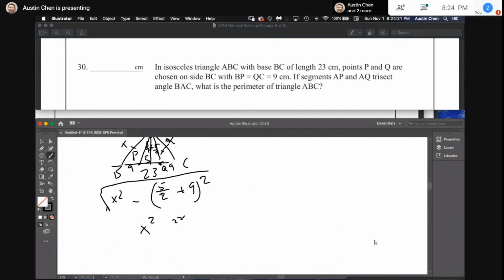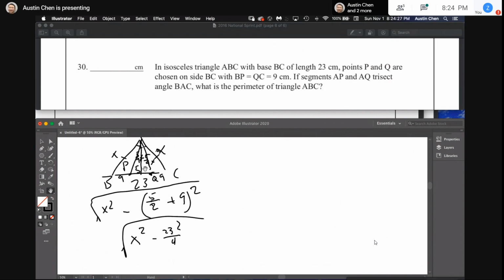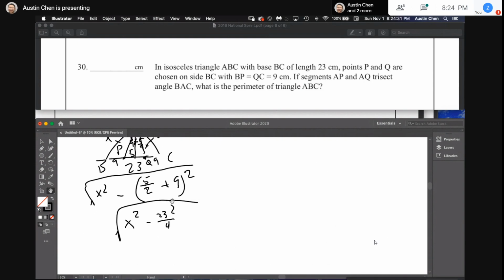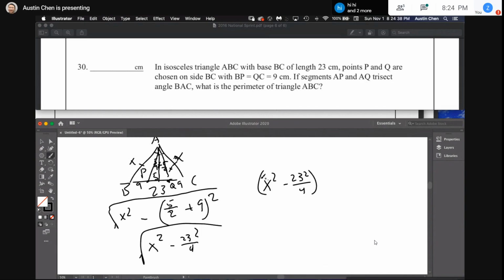It will be just 23 squared over 4. Okay, we'll just leave it like this. And then we apply the Pythagorean theorem again with the smaller triangle, right? So then we have x squared minus 23 squared over 4. This will be subtracted from 5/9 x squared. And this has to equal 5/2 squared.